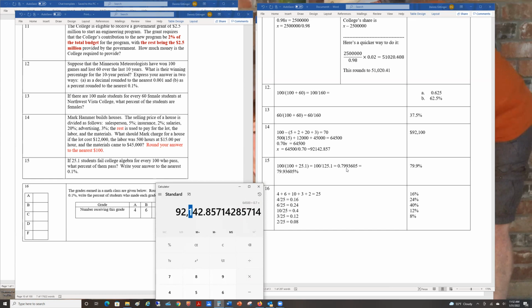And that gives you 79.93%, in which the 3 is not big enough to make the 9 round up. To make this into 80%, if that 3 were a 5 or more, then it would be 80.0. You can't make a 9 into a 10, either one of them. So it would be 80.0 if that were 79.95 or 6, 7, 8, 9, that sort of thing.